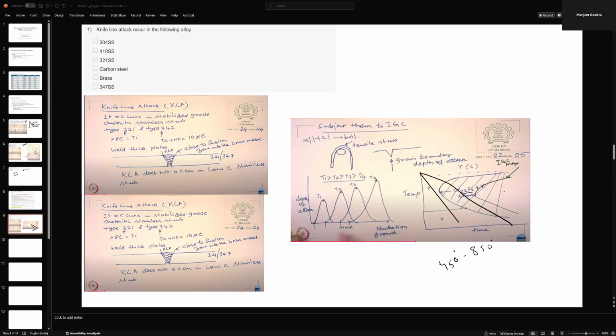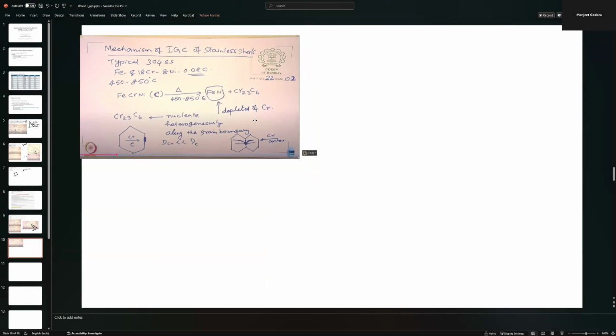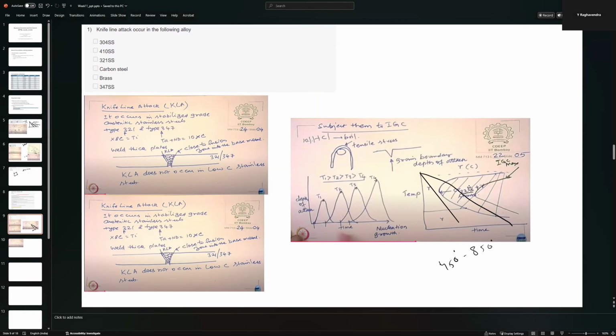If it's in this zone, this is where it will form. On the grain boundary, carbon has to migrate, chromium has to migrate, and it will form the Cr23C6. So if you are not in that curvature, Cr23C6 precipitation itself will not form.